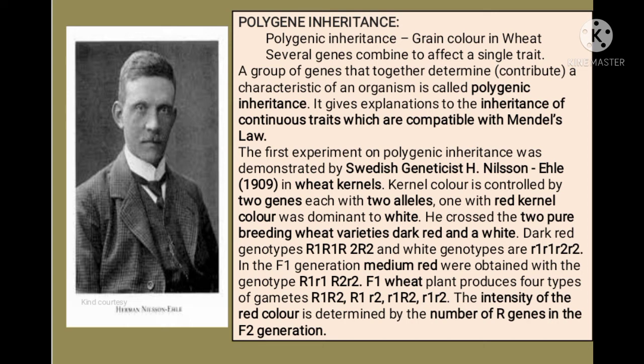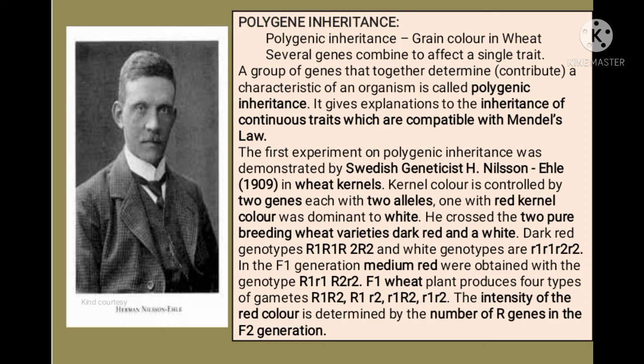The first experiment on polygene inheritance was demonstrated by a Swedish geneticist, Nilsson-Ehle, in 1909 in wheat kernels. The kernel color is controlled by two genes, each with two alleles. The red kernel color was dominant to white.